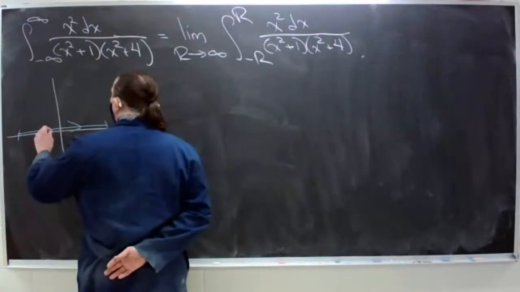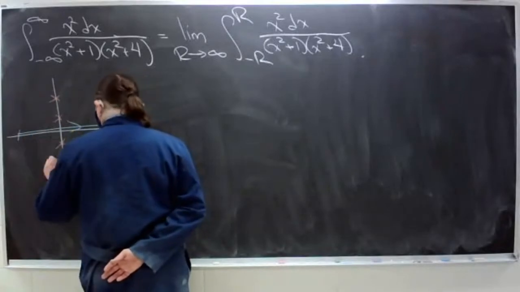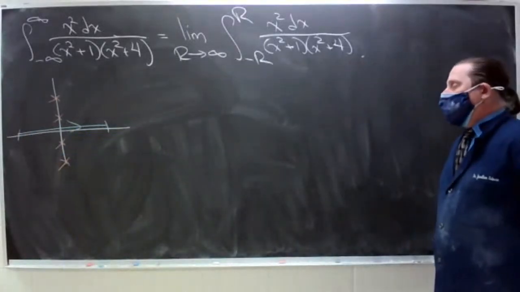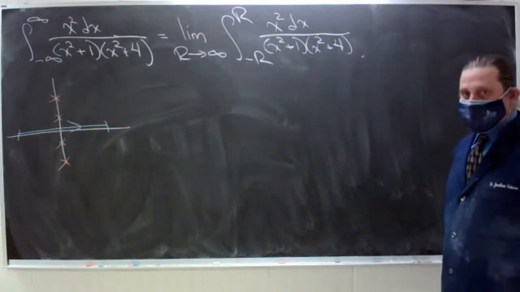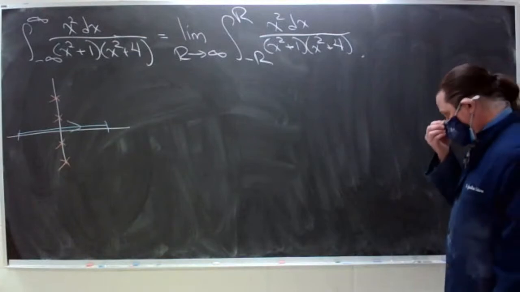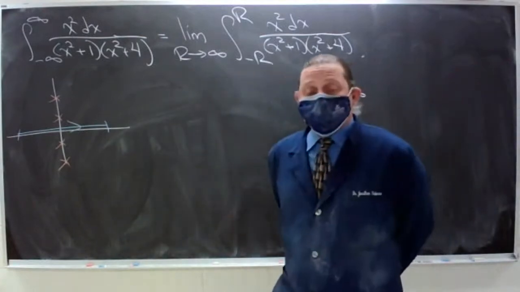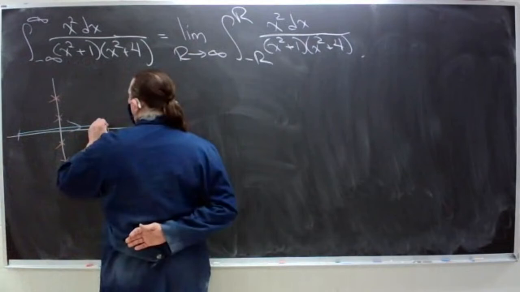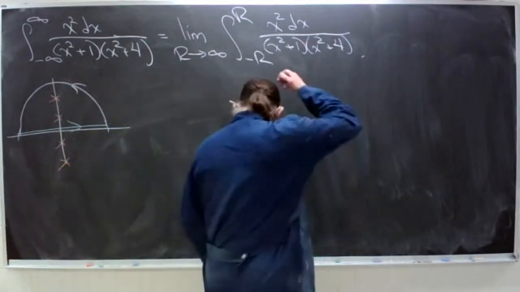Our problem points are at i, negative i, 2i, negative 2i. All right, and these are all simple poles. Okay? So, once again, in order for us to make this a closed loop, we're going to add a semicircle of radius R, just like that.